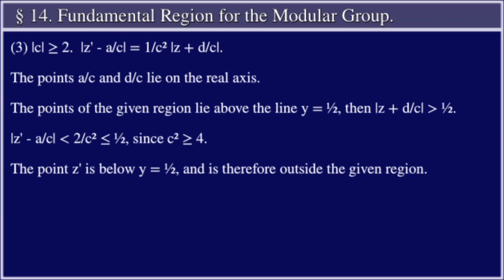The points of the given region lie above the line y equal 1/2, and the absolute value of z plus d over c is greater than 1/2. The absolute value of z prime minus a over c is less than 2 divided by c squared, which is less than or equal to 1/2. Since c squared is greater than or equal to 4, the point z prime is below y equal 1/2 and is therefore outside the given region.